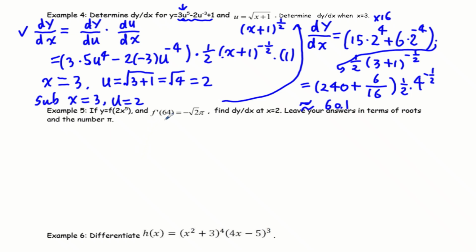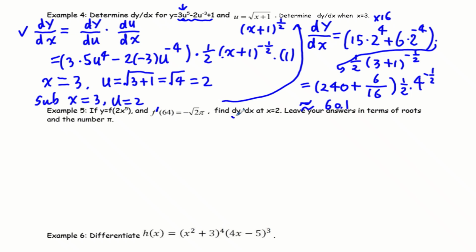So now we continue to do the next question. If y equals function f at 2x to the exponent 5, then f prime of 64 equals negative square root 2 times pi.